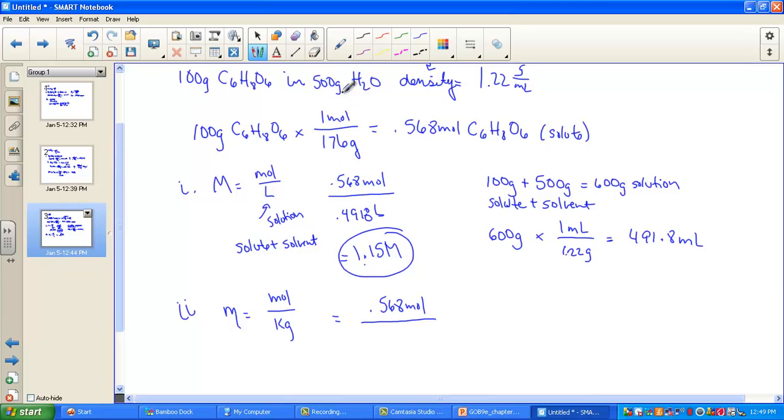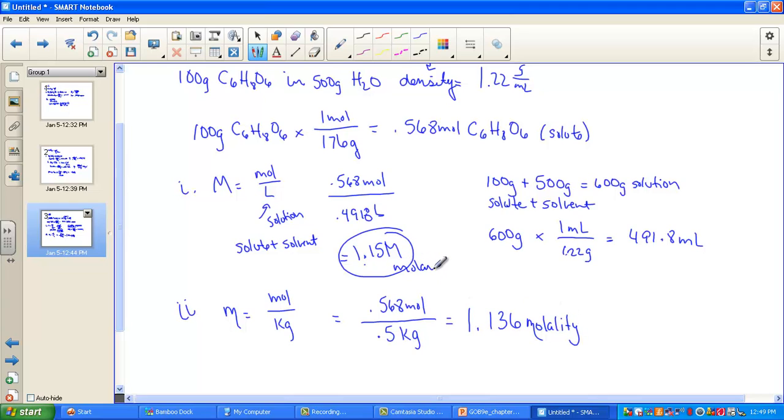And notice that was provided up here. 500 grams is 0.5 kilograms of just the water. 0.568 divided by 0.5 is 1.136. I'll carry it so you can match your calculator, and that's a baby m for molality.